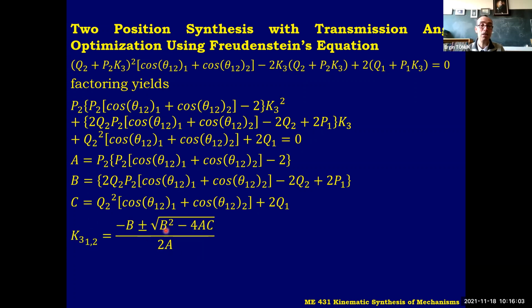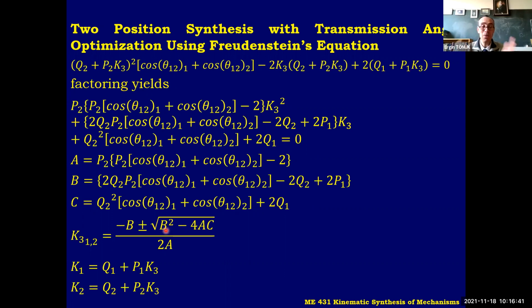from this numerically, and then you can obtain K1 and K2 in terms of K3, so that you can design the 4-bar for two positions, and the deviation of the transmission angle is equal at the two end positions. But still, these two positions may be at two different branches, okay? So the mechanism may not move.